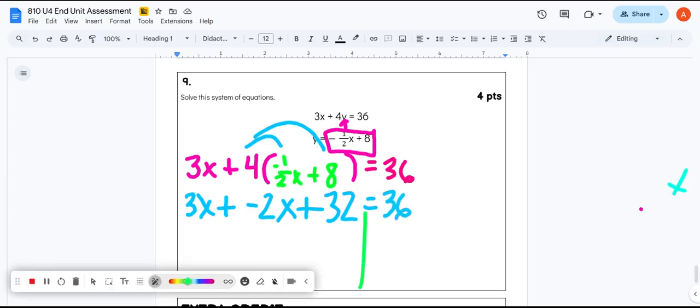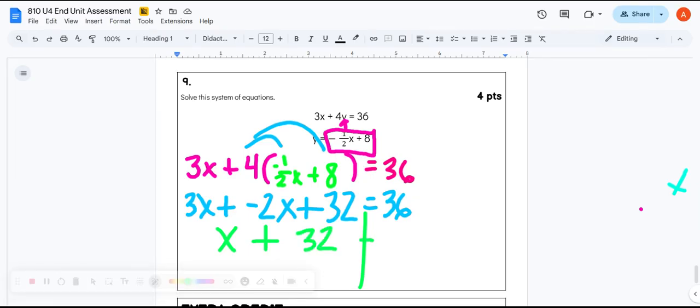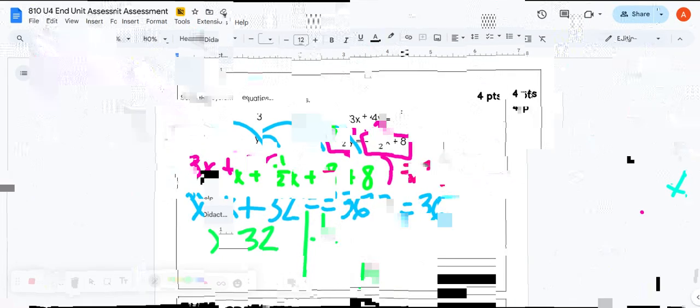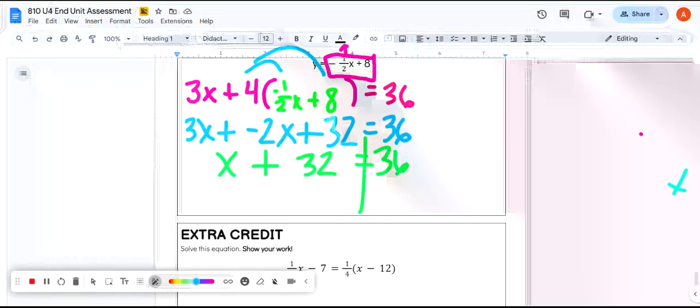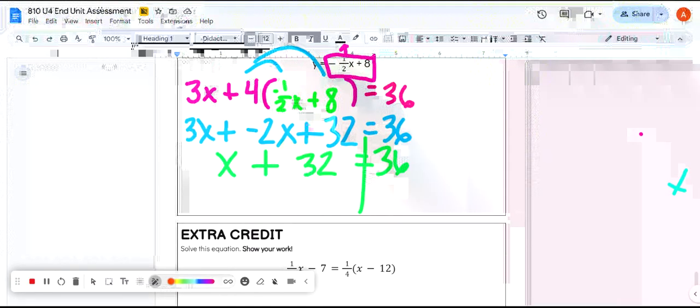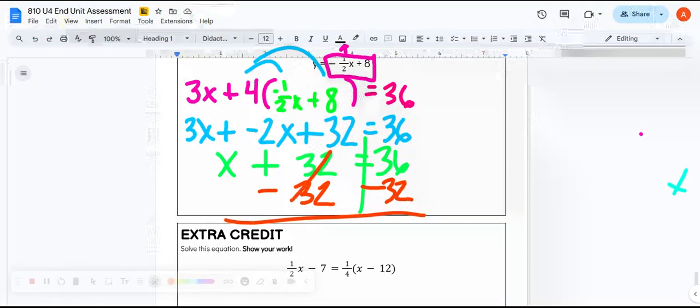Now from here, I'm going to combine my like terms, which gives me x, because 3 minus 2 is 1, so that's just x, plus 32 equals 36. Moving down for my last few steps. What I have to do is subtract 32. And we get x to equal 4.